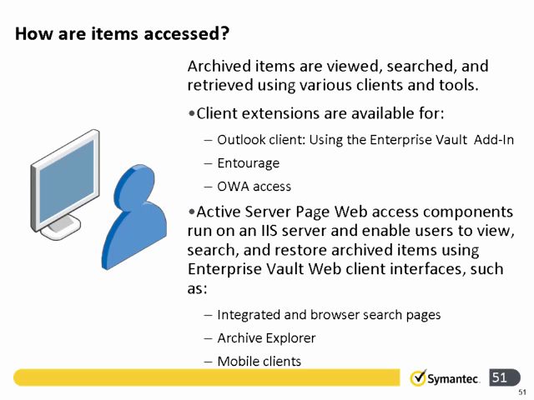These are running on the Internet Information Server, IIS server, which is typically running on your Enterprise Vault server, and it's going to give you access through our integrated search, our browser search, Archive Explorer, as well as that mobile device search, which is the mobile client. And again, we'll be looking at those in more detail when we get into the lessons that are associated with client access.